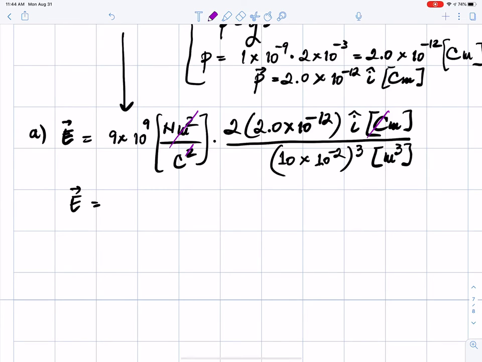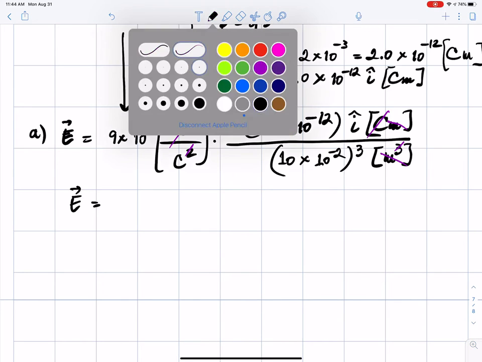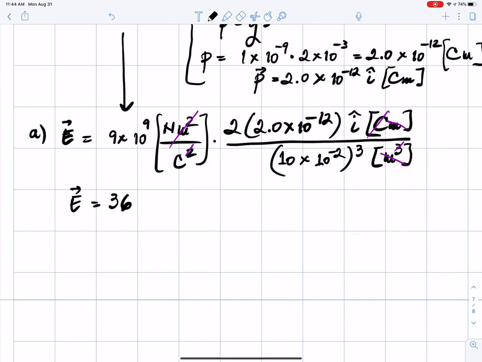You have a meter squared and a meter from here that goes away. That meter and that meter goes away. So as you can see, you end up with Newton per Coulomb. And I am getting 36. Let's put that in there. And again, this is in the x-axis direction. That's why you put your i hat, and these are Newtons per Coulomb.